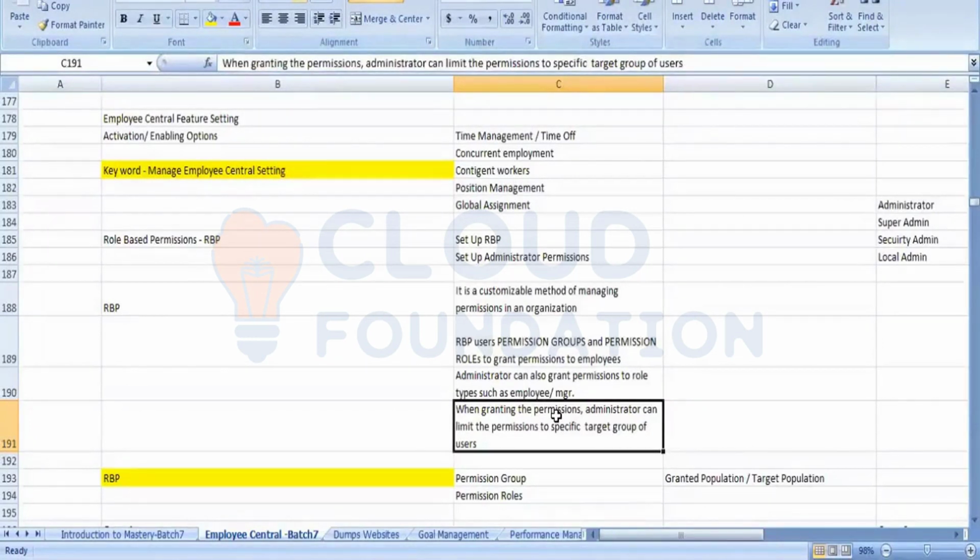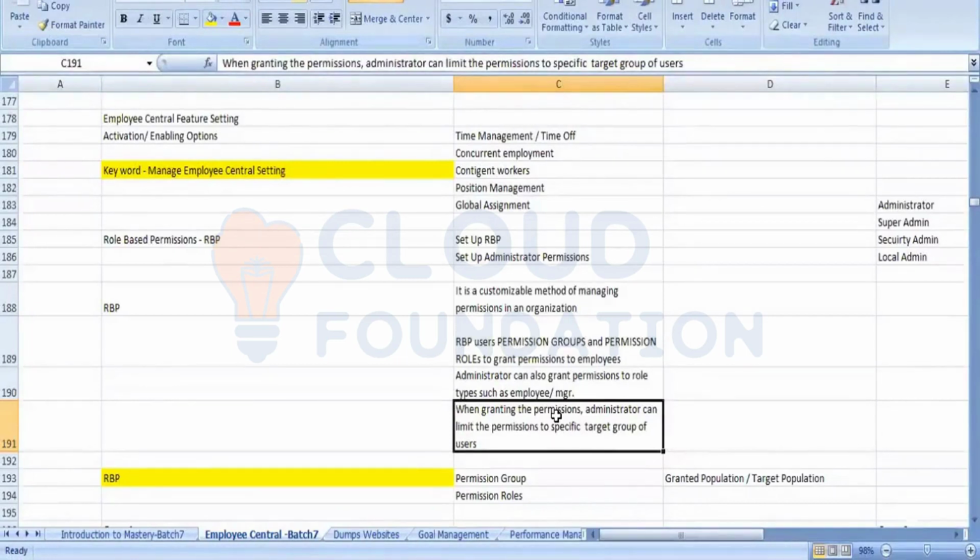Suppose I have given a permission to the HR team. And in the HR team, suppose, if we imagine there are two employees who are running the payroll. So I can limit some permissions to the payroll executives who are running the payroll.